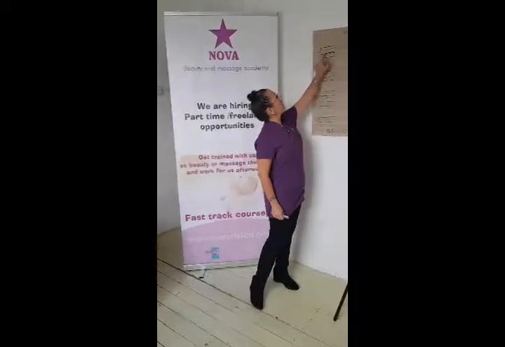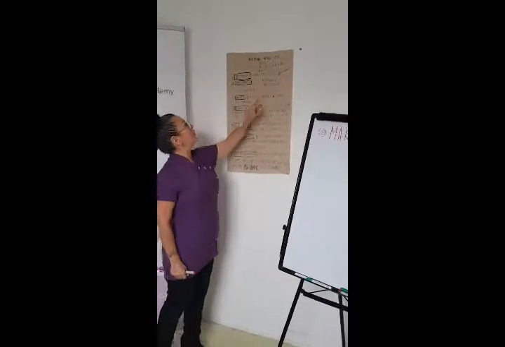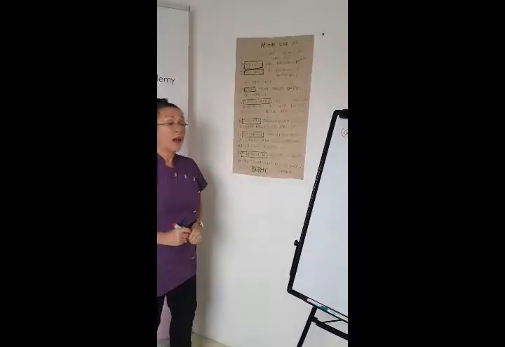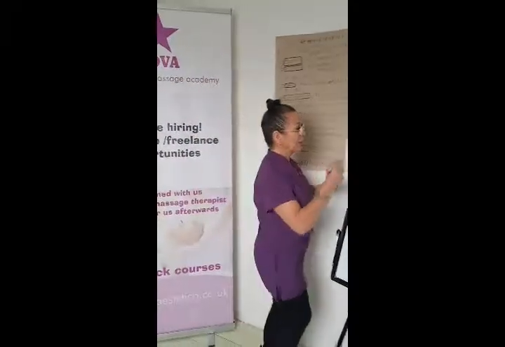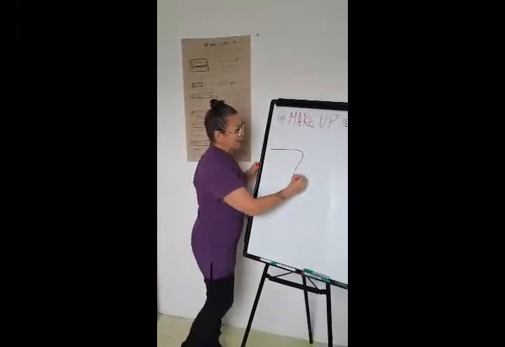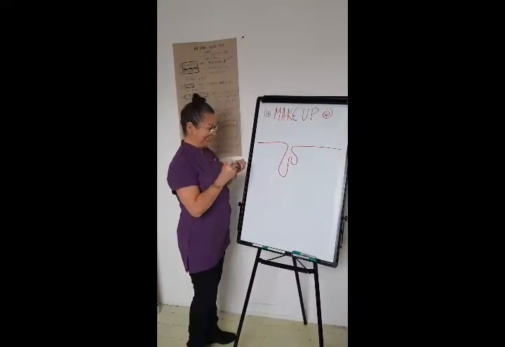Now, after we recognize the benefits of makeup, we will look at the anatomy and physiology of the face. And for that, we need to look at the skin. If we draw something like that, hold on a minute, it's not what you're thinking.